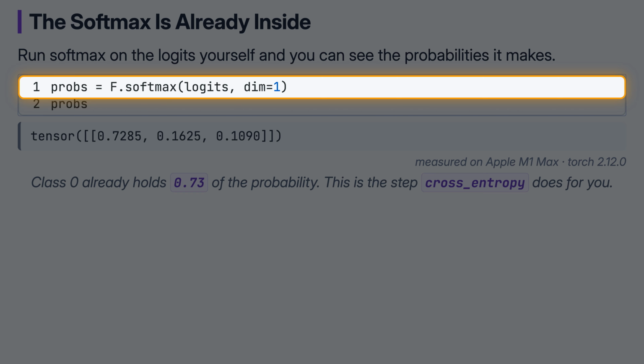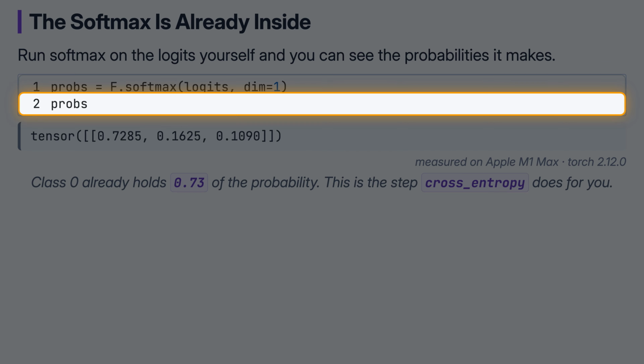To see what cross-entropy does inside, let's run the softmax ourselves. We call F.softmax on the same logits, with dim equals 1 and store it in probs. Then we just look at probs, the probabilities softmax made from those raw scores.